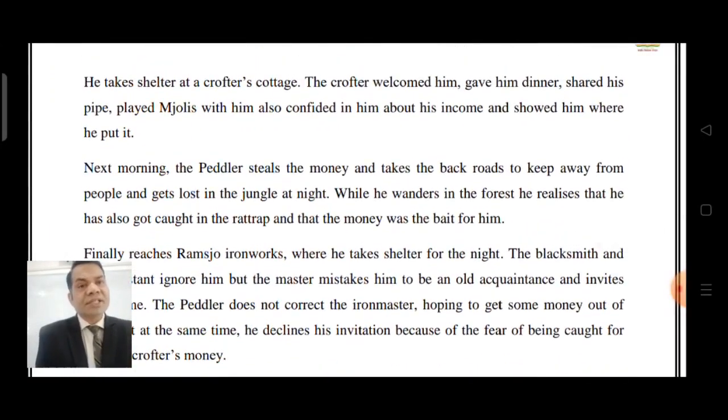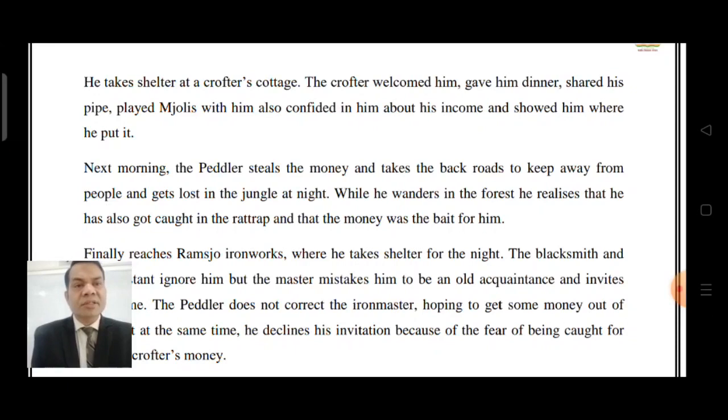He takes shelter at a crofter's cottage. The crofter welcomed him, gave him dinner, shared his pipe, played mill with him, and also confided in him about his income and showed him where he put it.